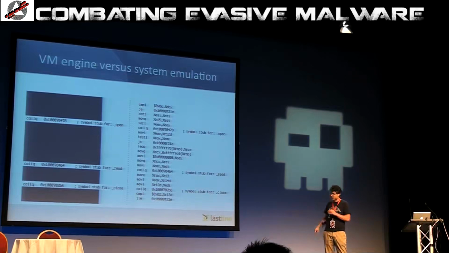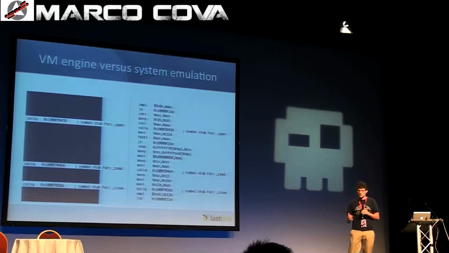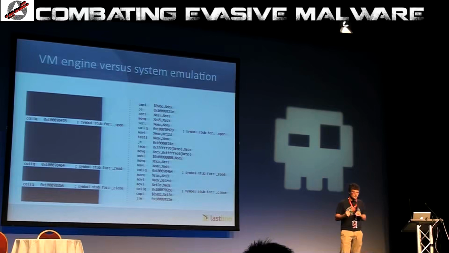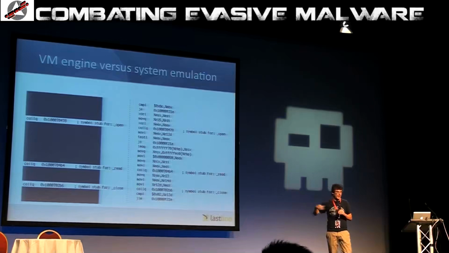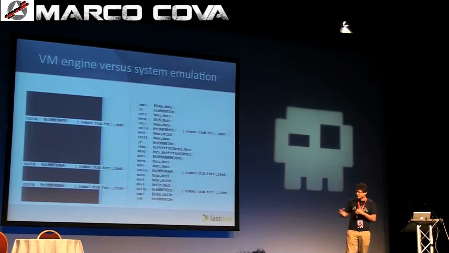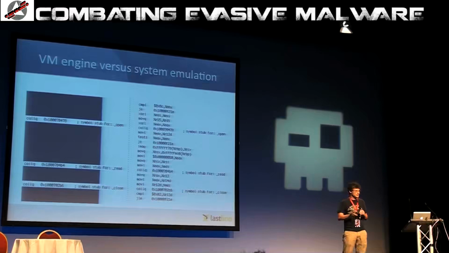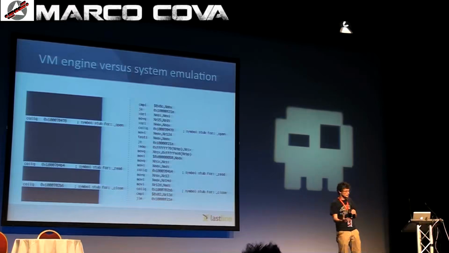Another advantage is that, as we'll see, malware tries really hard to avoid being detected. The way it's done is by adding some checks exactly in those gray areas where traditional sandboxes don't have visibility. We'll see these checks in detail, but the idea is that there are some instructions there that allow the malware to understand if it is running inside a sandbox rather than an end user's machine.